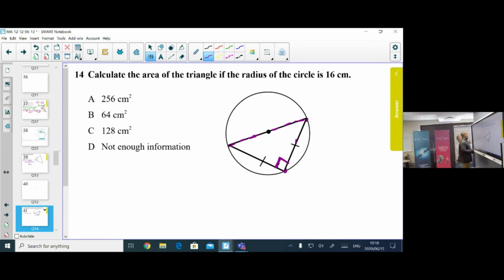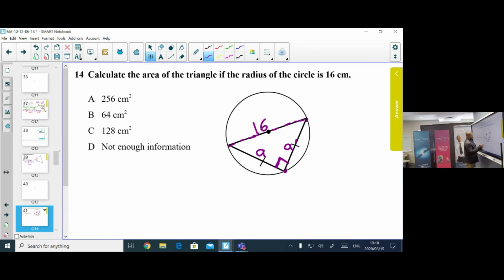So that's 90. And since these are equal sides, because it's an isosceles triangle, and we are told that this is 16, yours is simply to find these two sides. A good hint for you is that, let's say this side is A, this will be A as well, because they are equal.